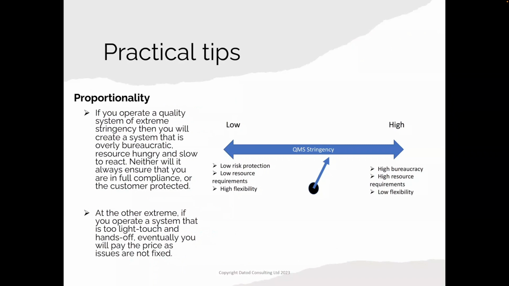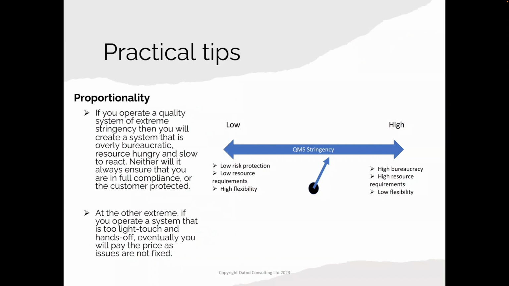Now, this slide really talks about how much risk tolerance you will accept. So you could be an organisation where you've got a very low risk tolerance, and you really want to clamp down on any potential risks. So this is really the right hand side of that spectrum on the slide. You can do that, but you will generate an organisation that's highly bureaucratic.